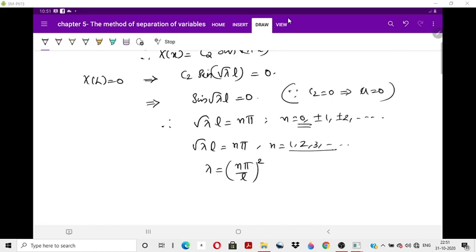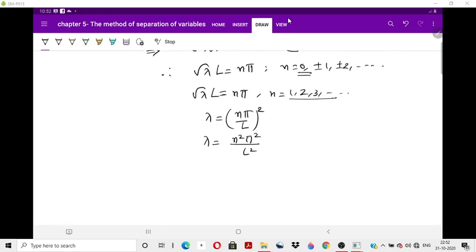We are considering only the positive values. So the possible eigenvalues are lambda equal to n square pi square by L square. Sorry, this is capital L because we have taken it as the length of the rod, that is capital L. That is for n equal to 1, 2, 3, etc.